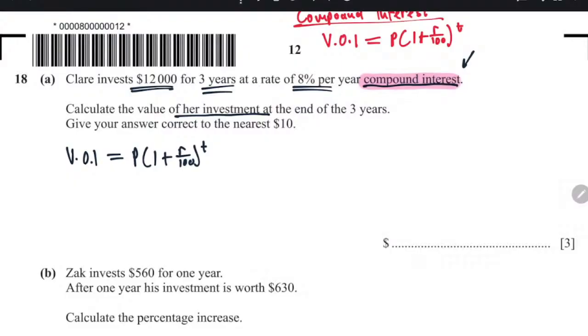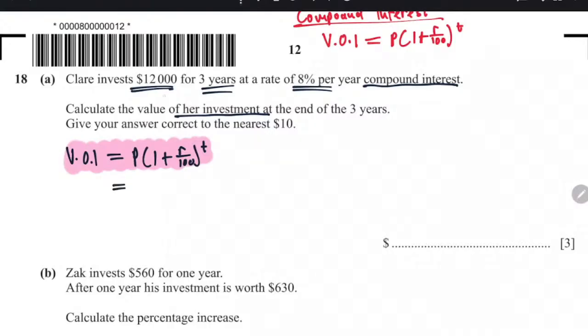You can forget anything else. Practice this the whole night if you have to. The moment you see the word compound interest, write value of investment is equal to this.